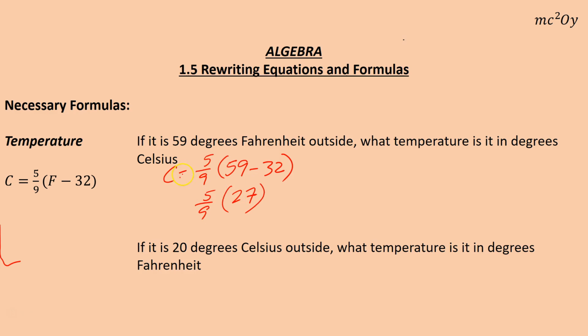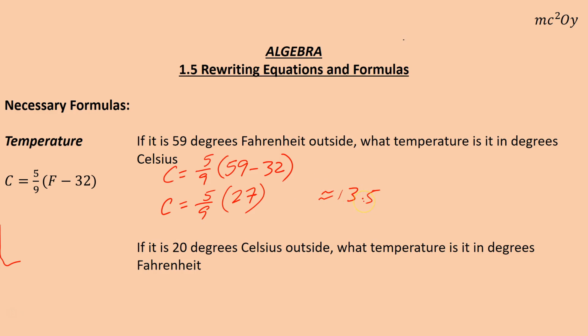Because if I can do that, I automatically know the Celsius. Well, 5/9 is a bit more complex, but I like to think of it as really close to 1/2. Like if this said 4.5 over 9, that would be 1/2. Well, 5 is pretty close to 4.5. So half of 27 is 13.5. So really, Celsius is approximately 13.5.